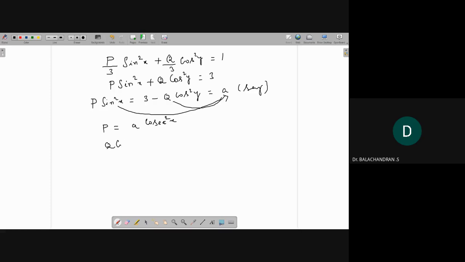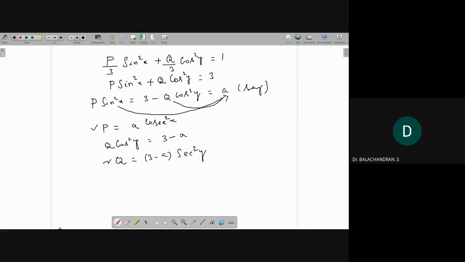First I'll write Q into cos square y equal to 3 minus A. So Q equal to 3 minus A divided by cos square y. So 3 minus A, and 1 by cos square y is secant square y. So we have P and Q.